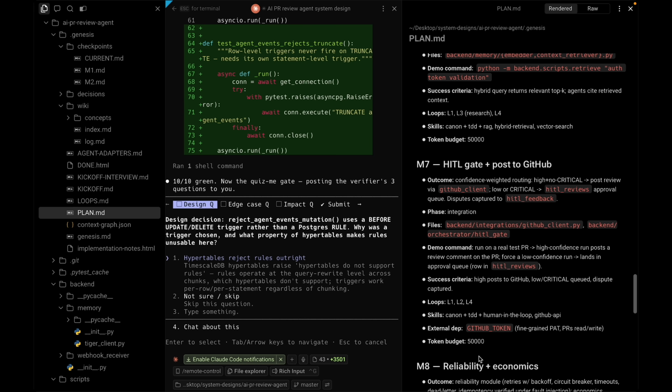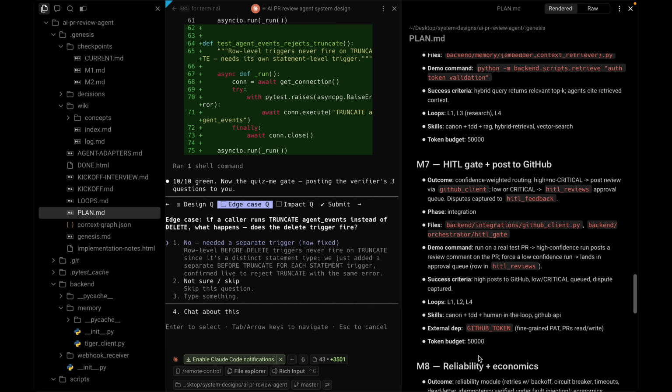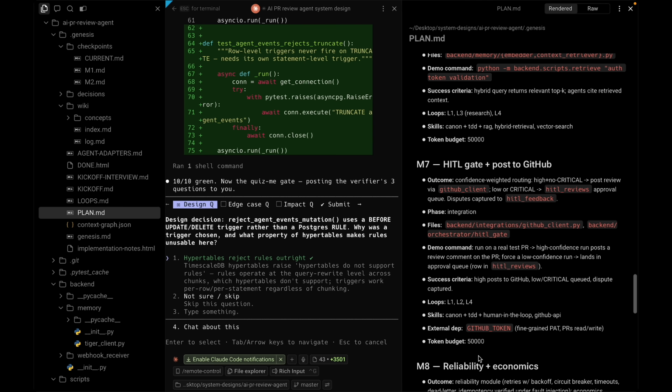So basically, it might create different chunk tables, but hypertables will never support this particular rule. So let's click the first one. Now, if you understand why this design, that's how we'll start to understand the code.